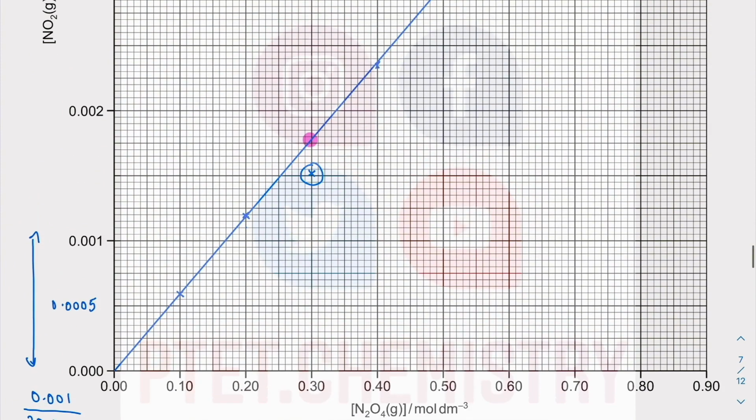If you look at the graph, this value on the y-axis should have been for a lower concentration of N2O4. That will give you this particular y value. But when you go higher N2O4, you should get a higher y-axis value, but instead you still get the same one. So meaning to say, you must have recorded the reading at 0.30 a bit too early, that you are recording for a lower concentration of N2O4. That's why your reading on the y-axis is a bit lower. You must have taken the reading for a lower concentration of N2O4.